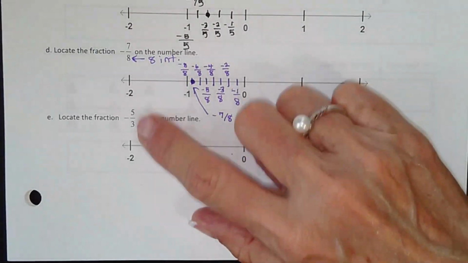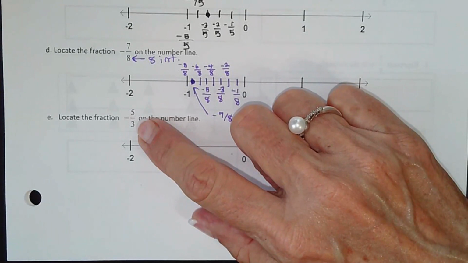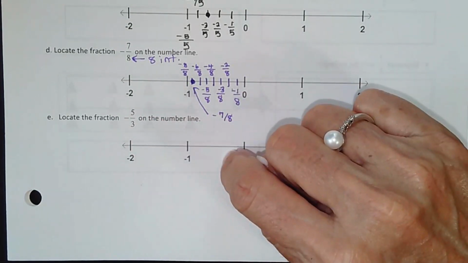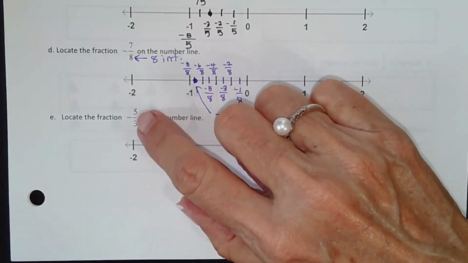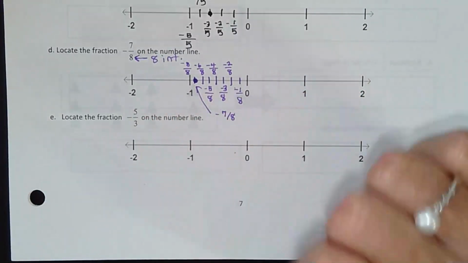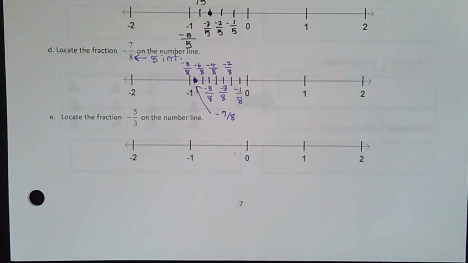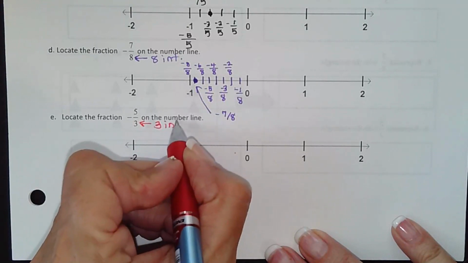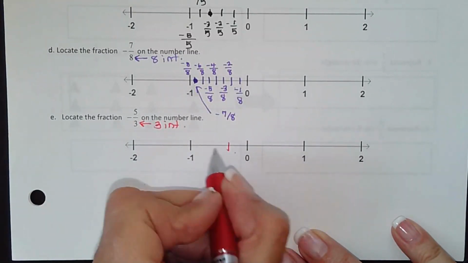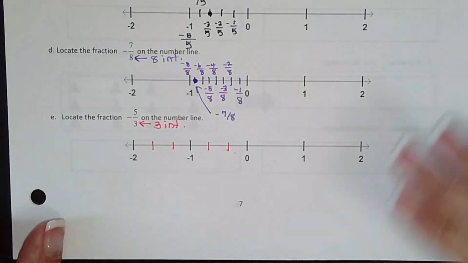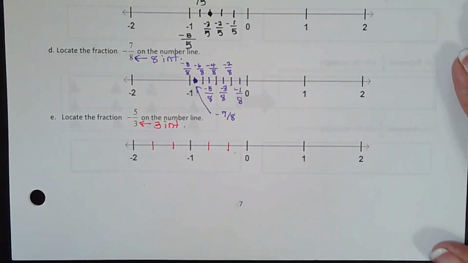And 3/3 would be -1 or -3/3. So I know this one's going to take 2 intervals because this number is larger than 3. So to the left of 0, 2 intervals, and we need to divide those intervals into 3 intervals each. So 1, 2, 3, 1, 2, 3, and just go down the line and start counting by thirds.